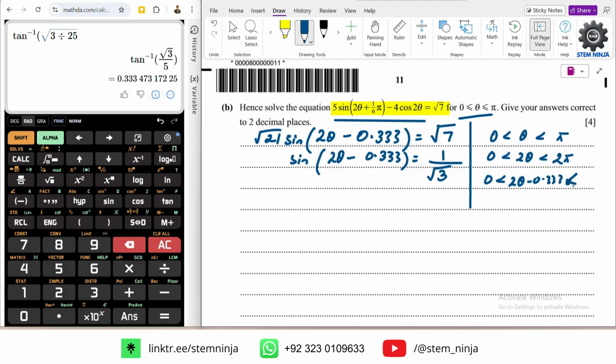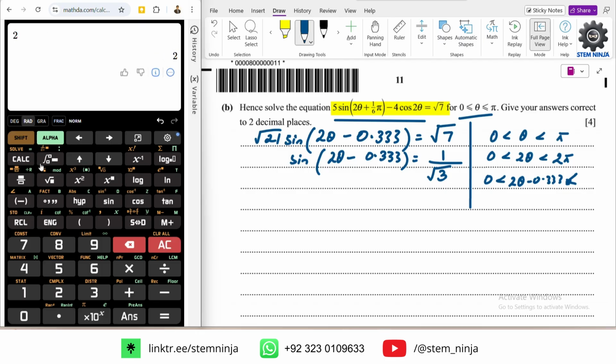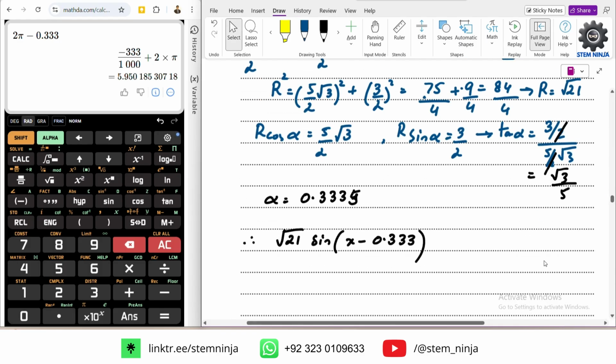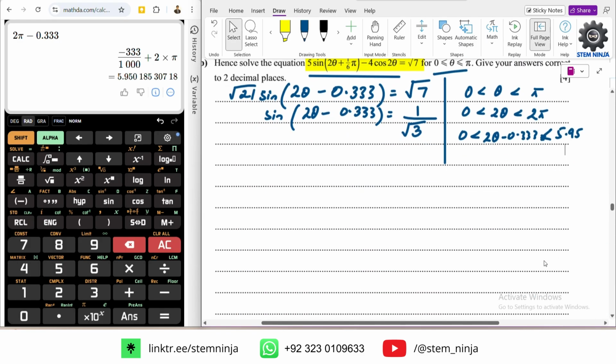This is 2 pi minus 0.333, which is 5.950. Just to have an estimate of the range that we're supposed to look for. So 2 theta minus 0.333 is in radians.